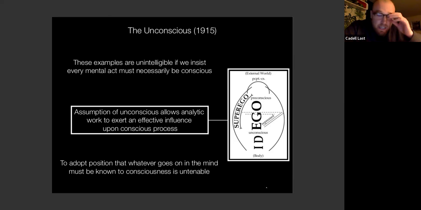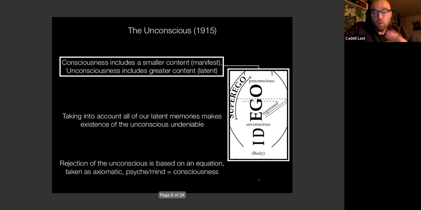In logical formulation, this goes against the logic of A equals A. He's saying the conscious and the psyche are not equal to each other. In order to broaden our concept of the psyche, we have to include other systems, the preconscious and the unconscious, which is, I think, very simple to understand once you get your mind around it.